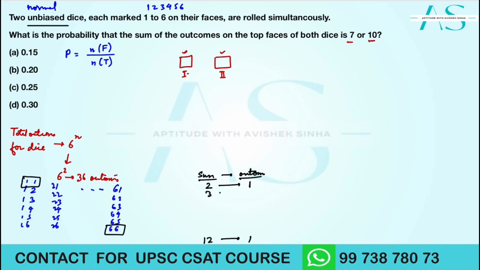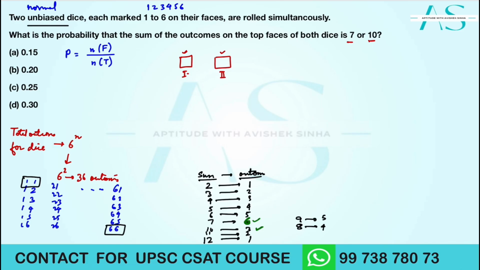Now 3 would be happening 2 times, 4 would be happening 3 times, 5 would be happening 4 times, 6 would be happening 5 times, 7 would be happening 6 times, 11 would be happening 2 times, 10 would be happening 3 times, and similarly 8 would be happening 5 times and 9 would be happening 4 times. Clear है?